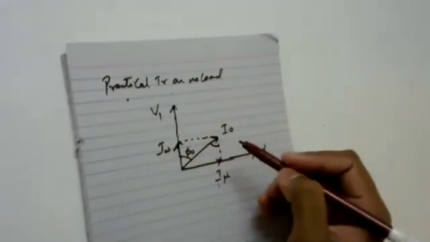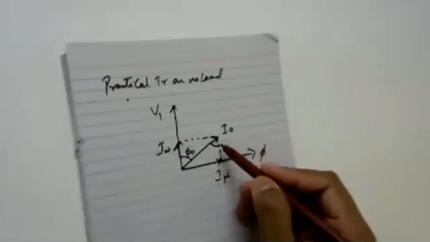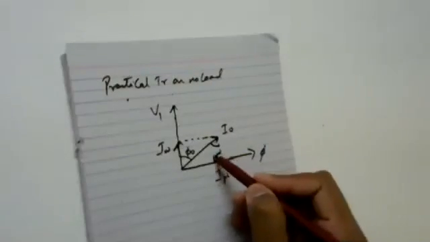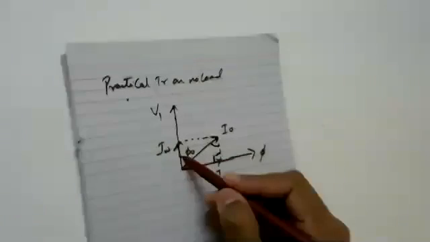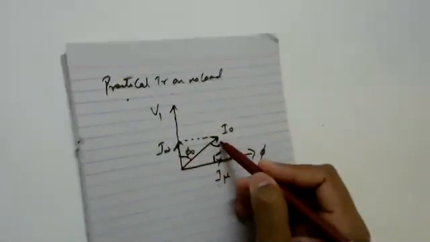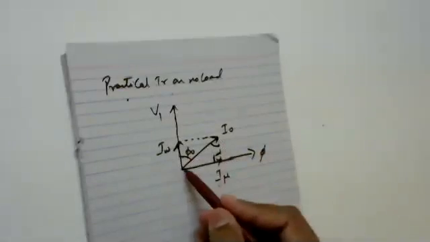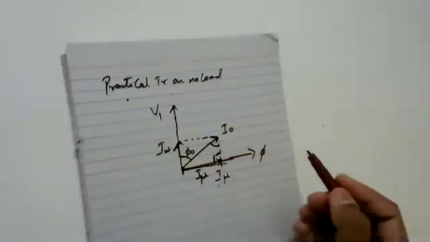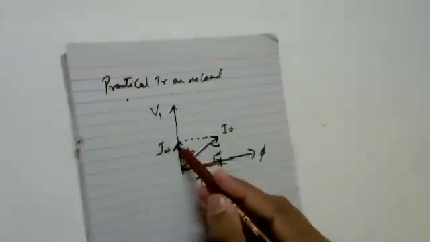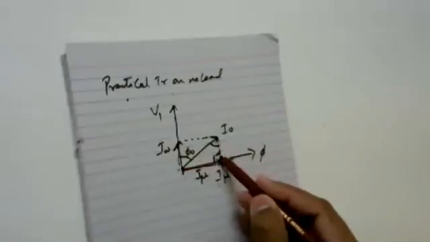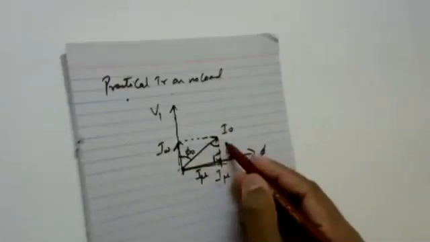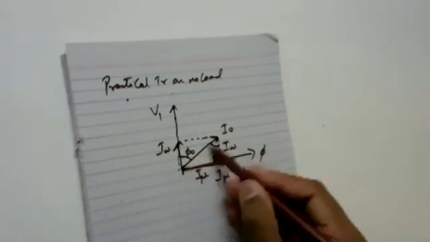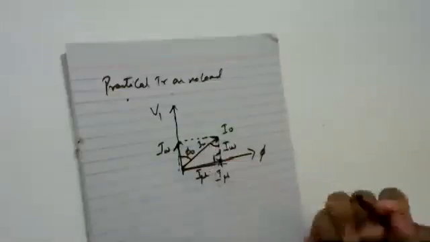This is a right angle triangle, so this angle is 90 degrees. This vector is indicating I mu. Since the length of this vector is the same as that of this vector, this is called IW, and this vector is your I naught.